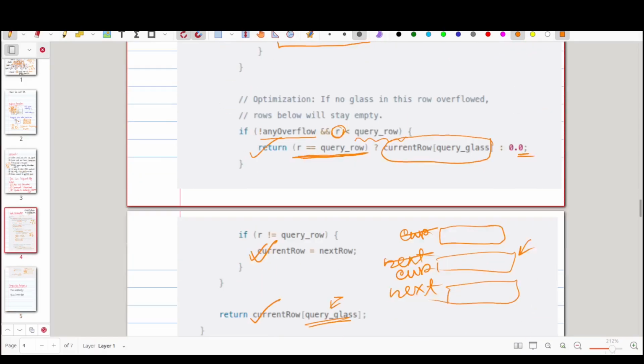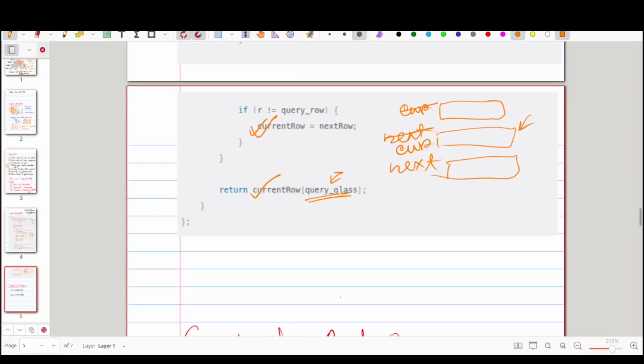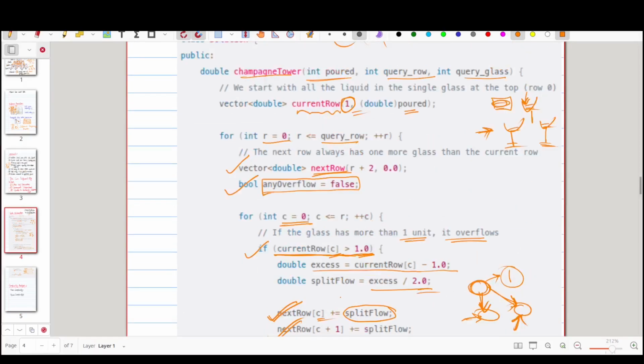Now come to the complexity analysis part. First of all, check this one: we iterate from 0 to query row, so it is big O of query row, and this inner one is also big O of query row. Why?